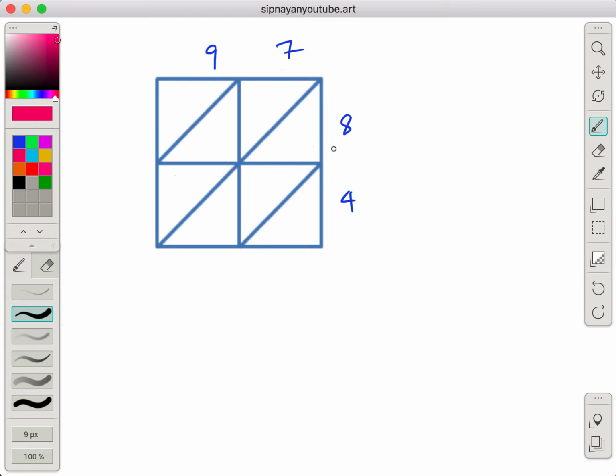Okay, next we have, ganun pa rin, no? 7 times 8 is 56. 7 times 4 is 28. 9 times 8 is 72. And 4 times 9 is 36. Okay, so we have sa tens, we have an 8, no?